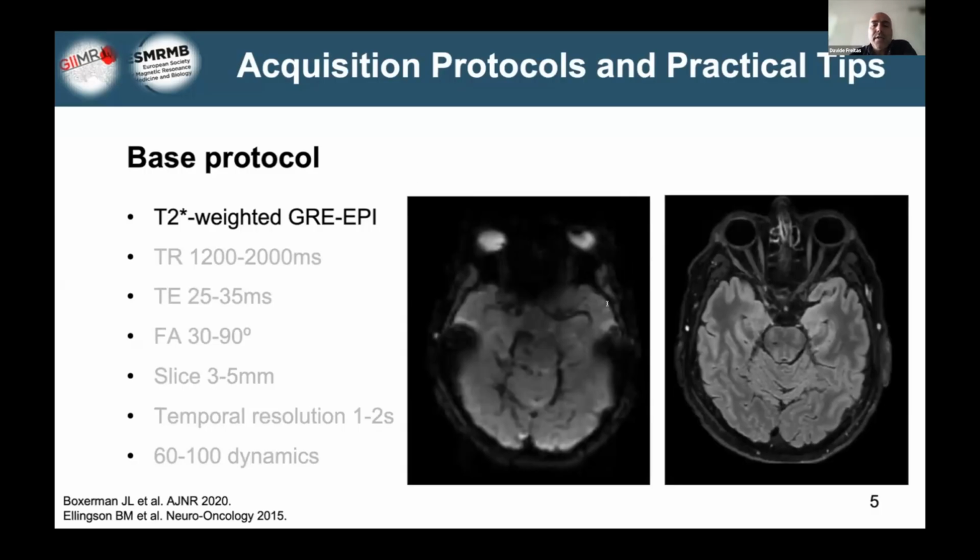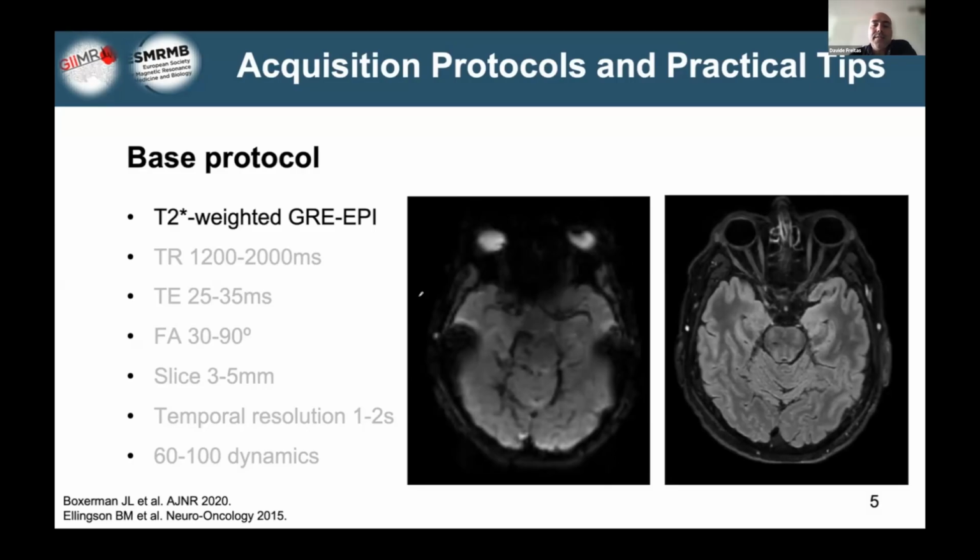The main advantage of EPI is speed. It allows us to acquire whole brain volumes within 1 to 2 seconds, which is essential to accurately capture the first pass of the contrast bolus. At the same time, it provides strong sensitivity to susceptibility effects, which is exactly what this analysis relies on. However, this comes at a cost.